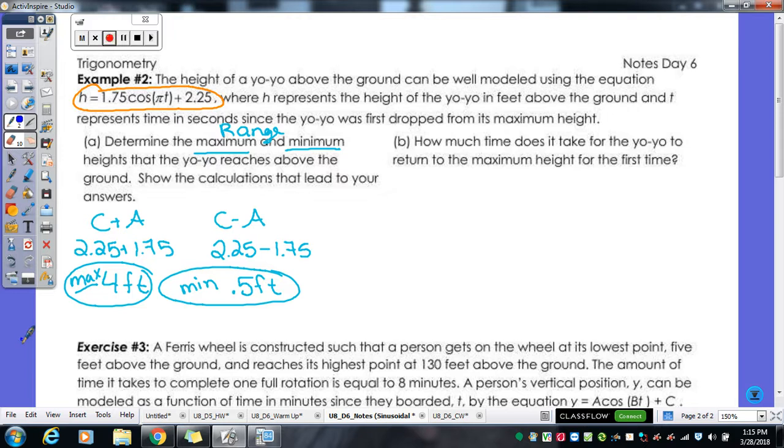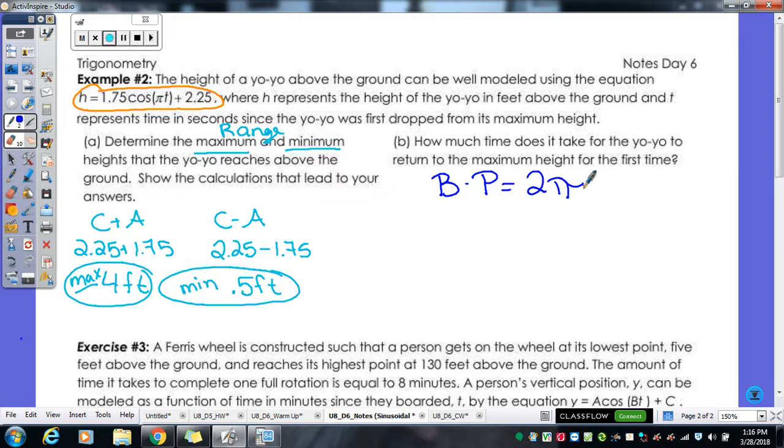Then they want to know how much time does it take for the yo-yo to return to the maximum height for the first time. So it starts at the maximum height, goes down, comes back up. It means we're really looking for the what? The period. You're looking for how long it takes to return back to starting. So B times P equals 2 pi.